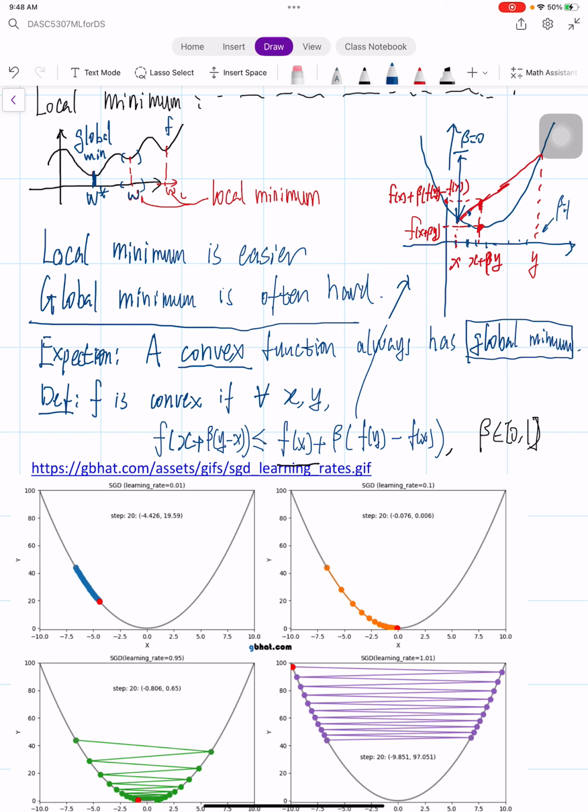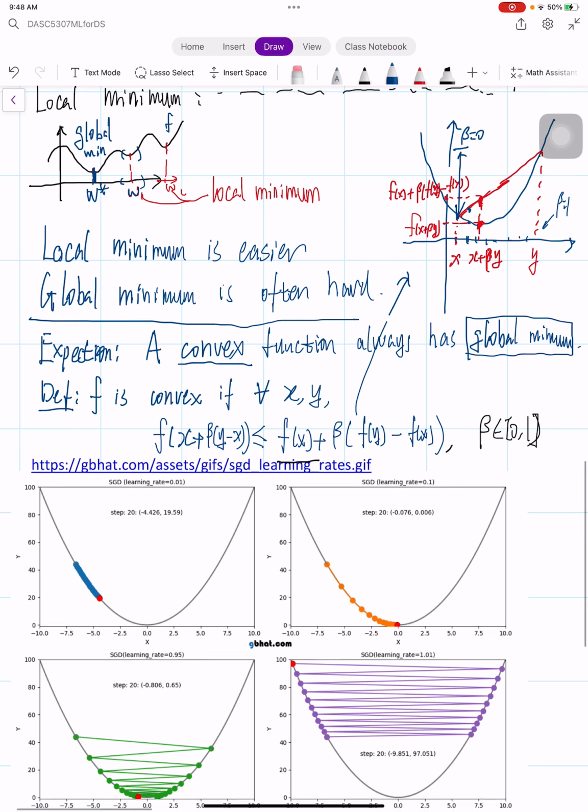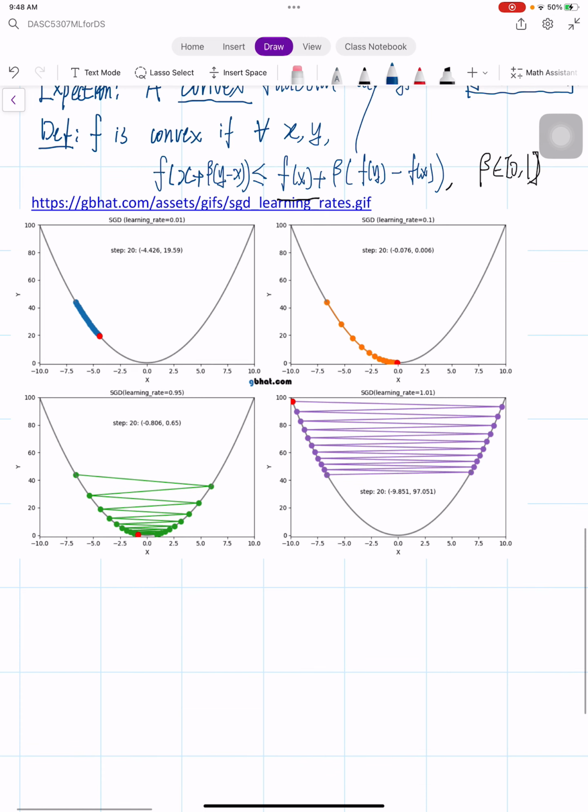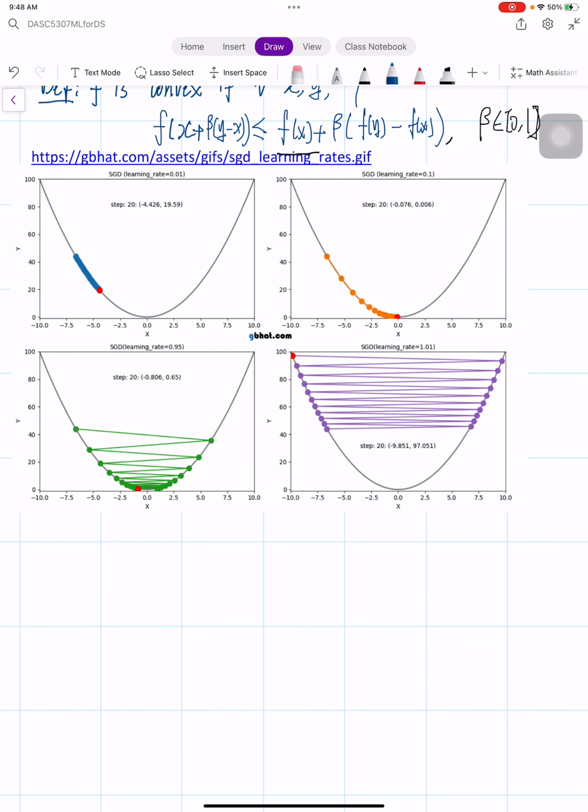Okay, and convex functions have many good properties. First one, the sum of convex functions is also a convex function.